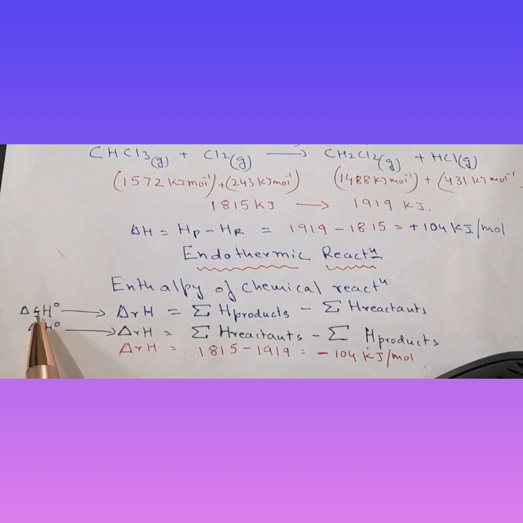Now if we are provided with delta F standard enthalpy data, then we use summation of products minus summation of reactants.